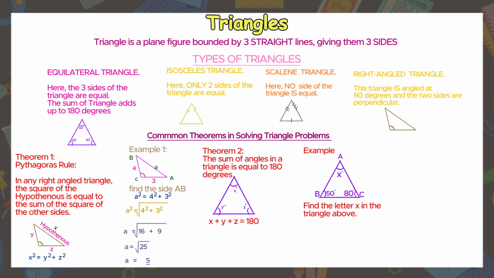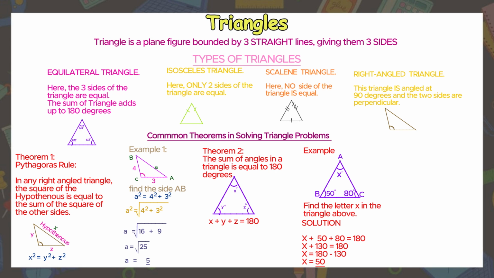Now to find this, it will be x, the addition of everything, plus 50 degrees plus 80 degrees, that is equal to 180 degrees. So that means x plus 50 plus 80 will give us 130 degrees. 130 degrees is equal to 180 degrees.